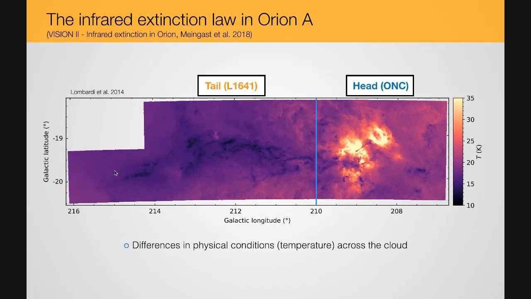So we divided this to first order into two regions, using the same names that Josef later gave: we call the region that contains the cluster the head of the cloud, color-coded in blue, and the other region the tail, color-coded in orange. So there are these differences in temperature across the face of the cloud.